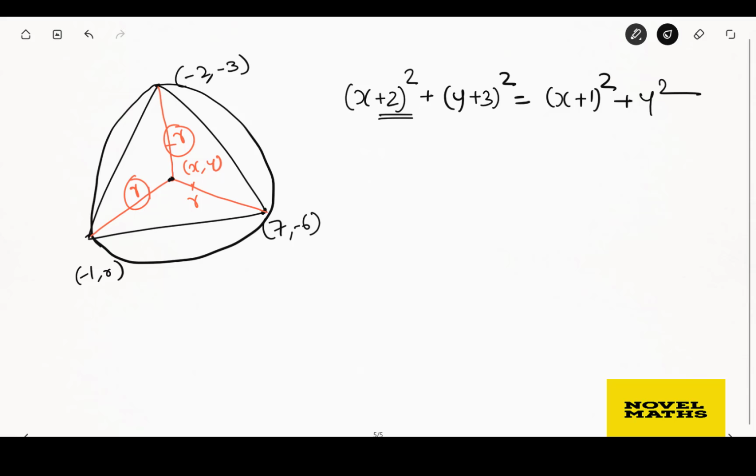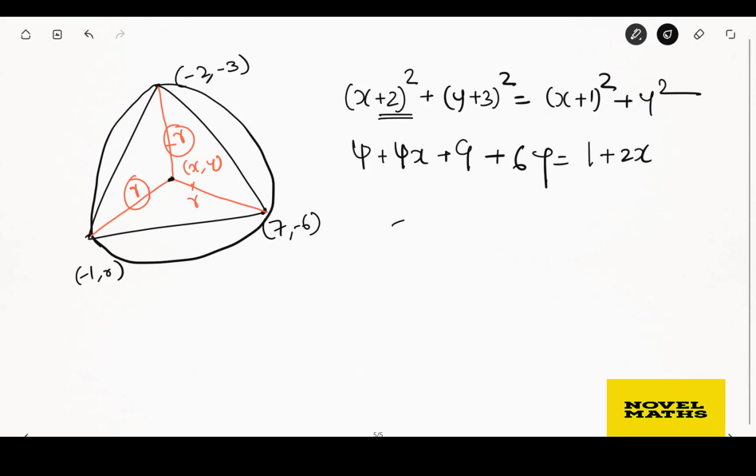We'll be left with 4 plus 4x plus 9 plus 6y equals 1 plus 2x, and y square will be cancelled out.